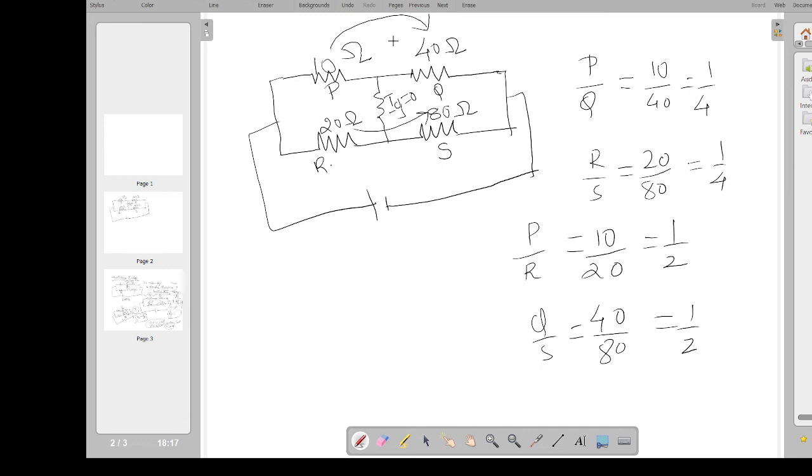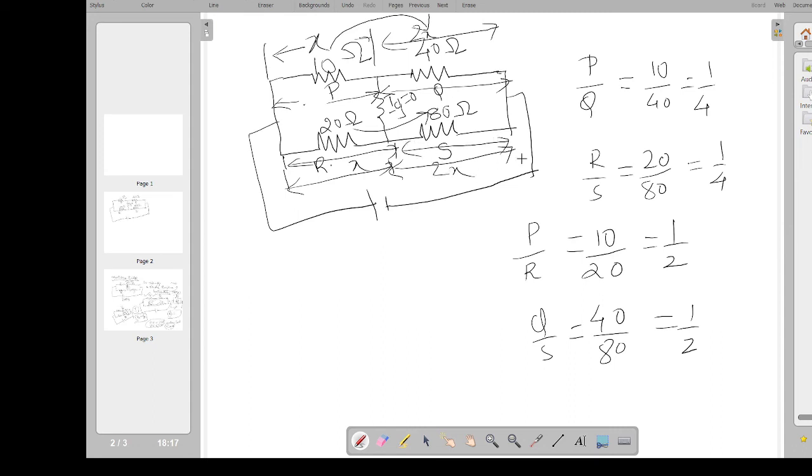So when these resistors are proportional to each other, what will happen to the potential drop between these 2 points? The potential drop between P and Q will be the same as the potential drop between R and S. Do you agree? If the potential drop across P and Q is in the ratio of x to 2x, then the potential drop across R and S also becomes x to 2x.